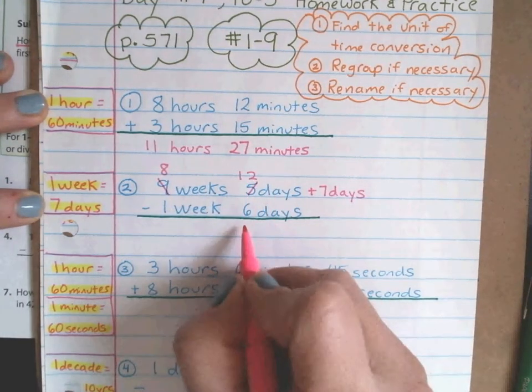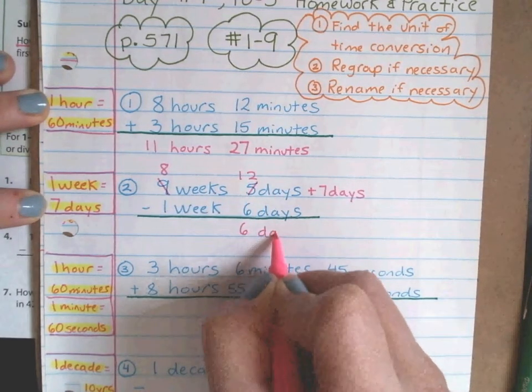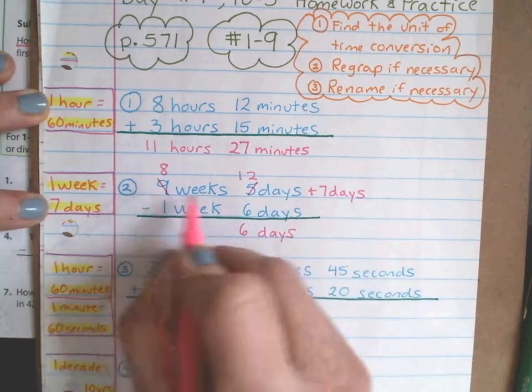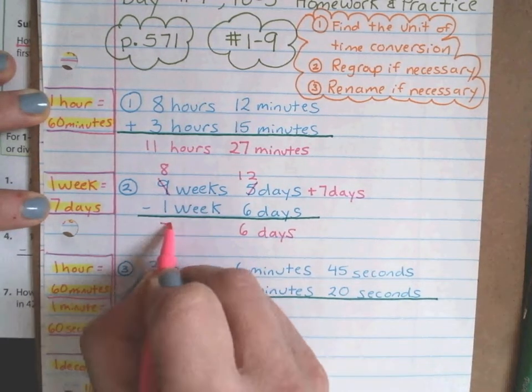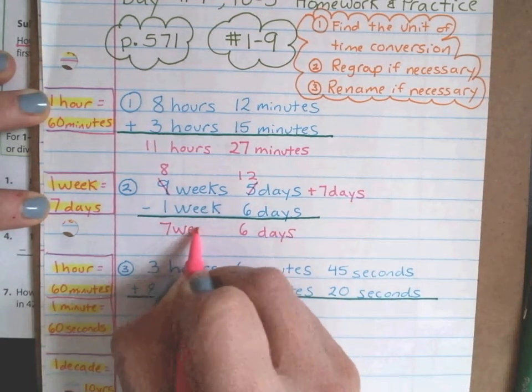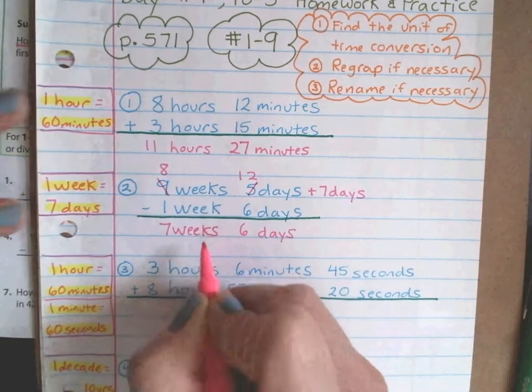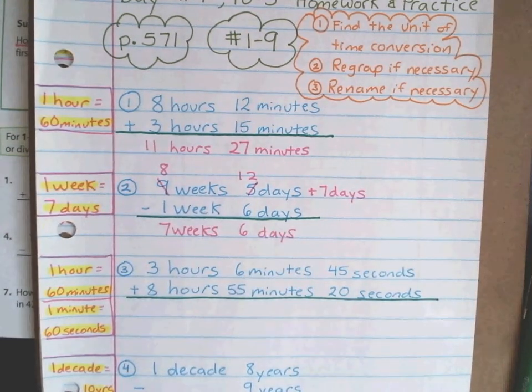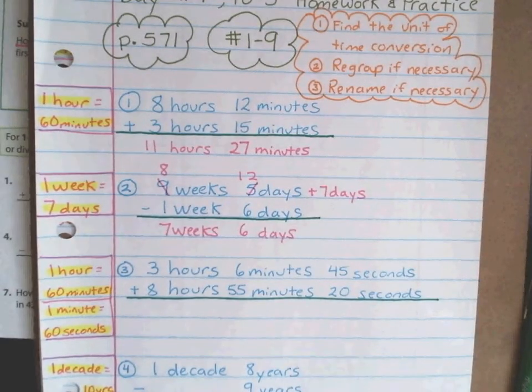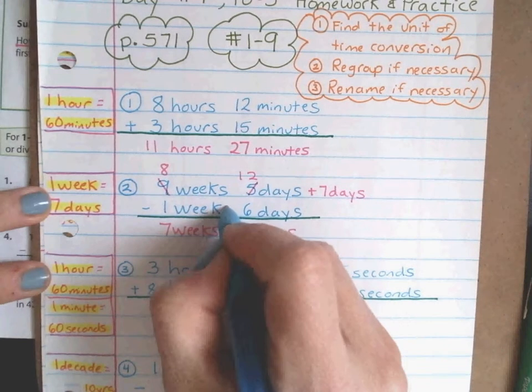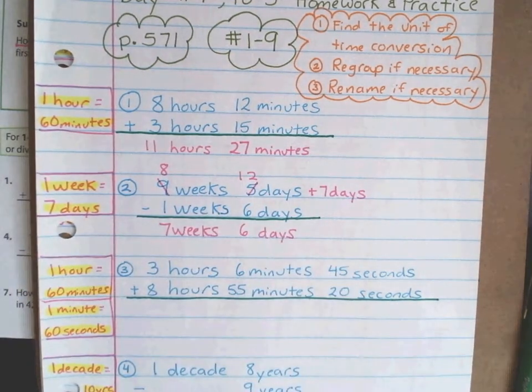So now I can subtract. 12 days minus 6 days is 6 days. And 8 weeks minus 1 week is 7 weeks. So I take a look there. I do not need to rename that, so I am good to go. And I forgot to put an S here, so I'm going to fix that.